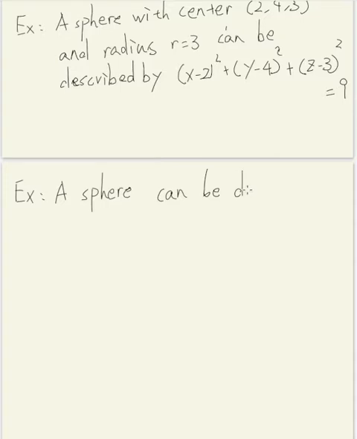All right, it can be determined by 2 points, by 2 endpoints of a diameter. I should write this.